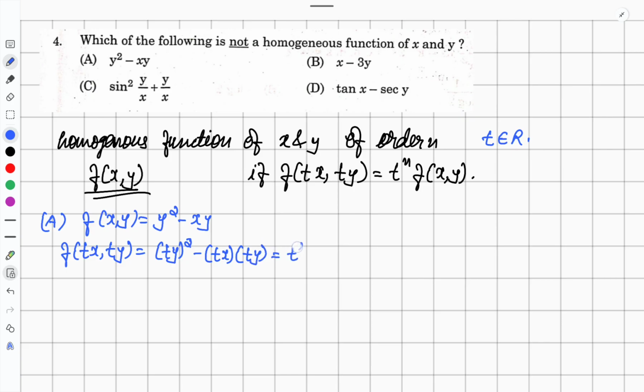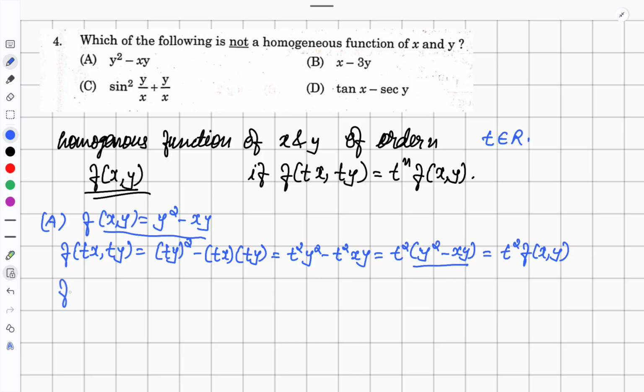So this will become t square y square minus t square xy, which is equal to t square, taking t square common, y square minus xy. Now look at this: y square minus xy is what our f(x, y) is. So it becomes t square into f of xy.